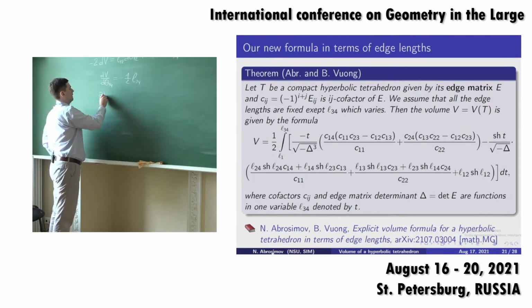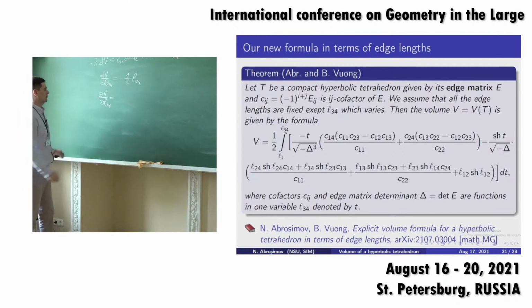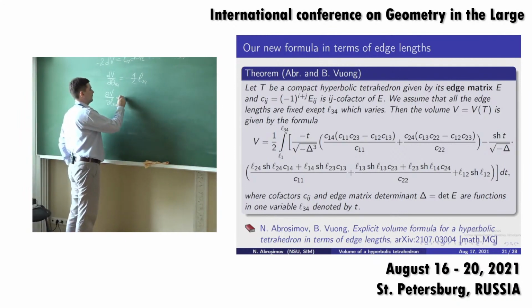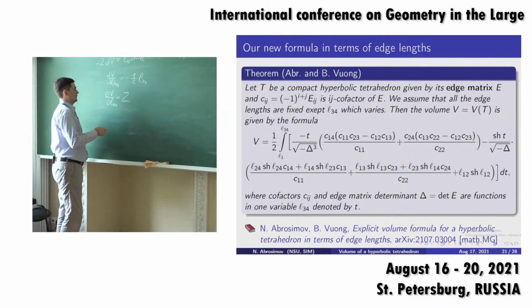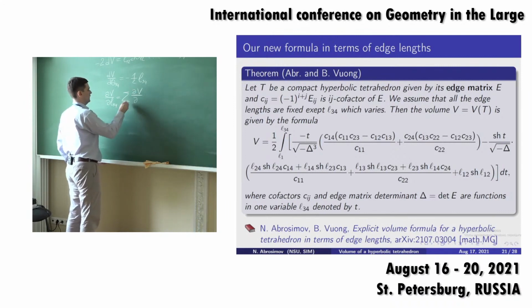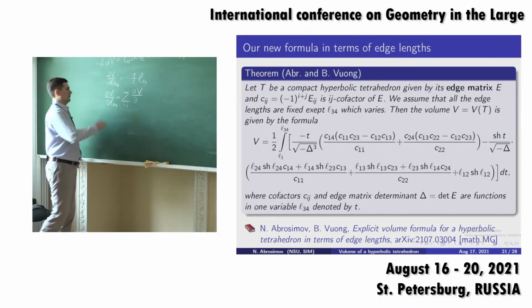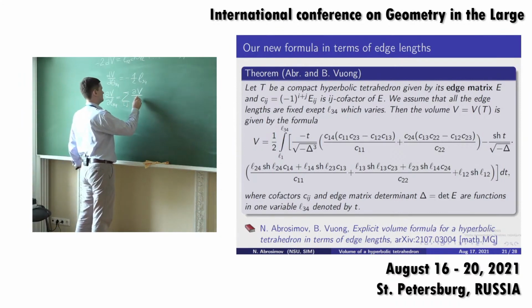Well, the derivative of volume by L34, our variable of integration, we have, as a derivative of the composite function, a sum over all the edges. The sum is over all 6 edges.